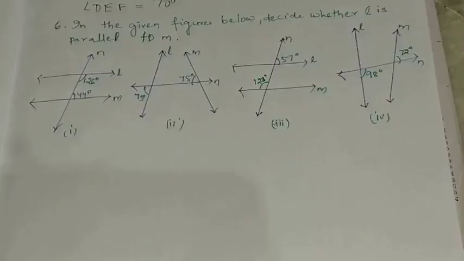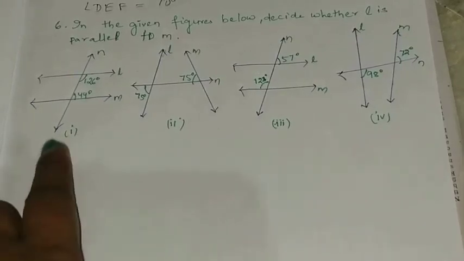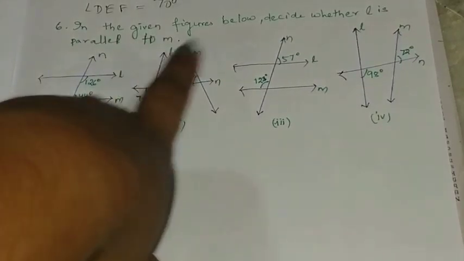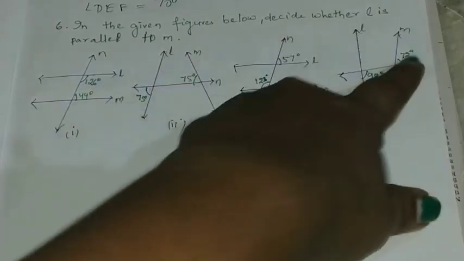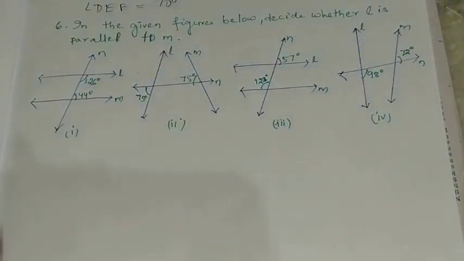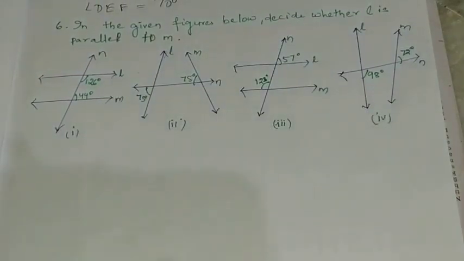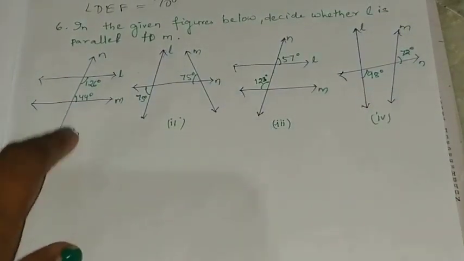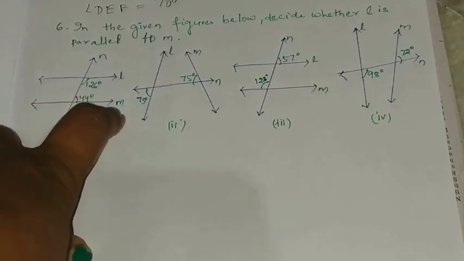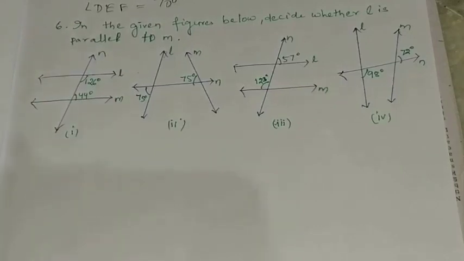Next question number 6 is, in the given figures below, decide whether L is parallel to M. Here 4 figures are given. See, L M, L M, L M, L M. A pair of lines are given and they are cut by transversal N. You have to find out in each figure whether L is parallel to M. How can we find two lines are parallel?